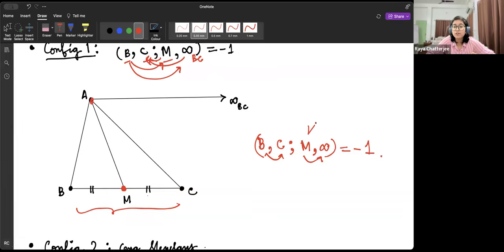If both of the points M and infinity are in between BC, or both farther away from B and C, then it has a possibility of being 1. But if one of the points is inside the segment BC and the other point is outside the segment BC, then it is always going to be negative. So that is how we define the cross ratio, right?